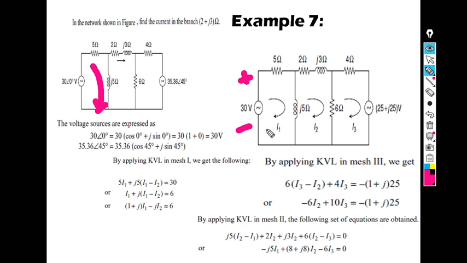So I1 is going from minus to plus, so I am writing here 30. Now 30 is in rectangular form, otherwise I would write 30 angle 0. If I take polar form, I will write 30 angle 0, but it is rectangular form. Plus, it is going 5 I1.